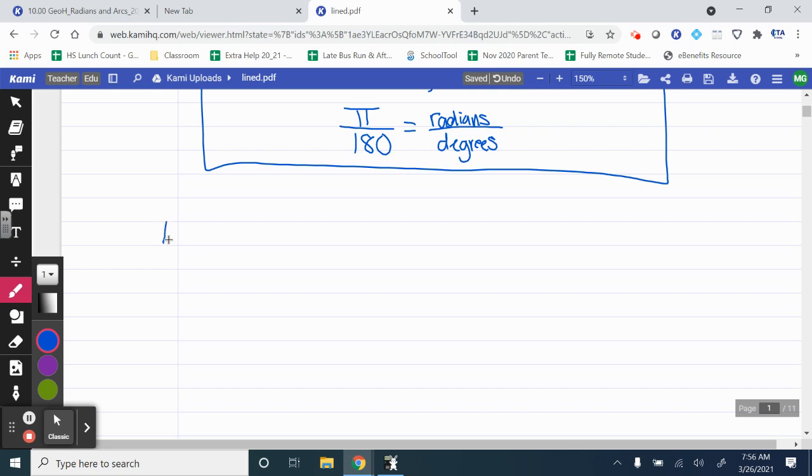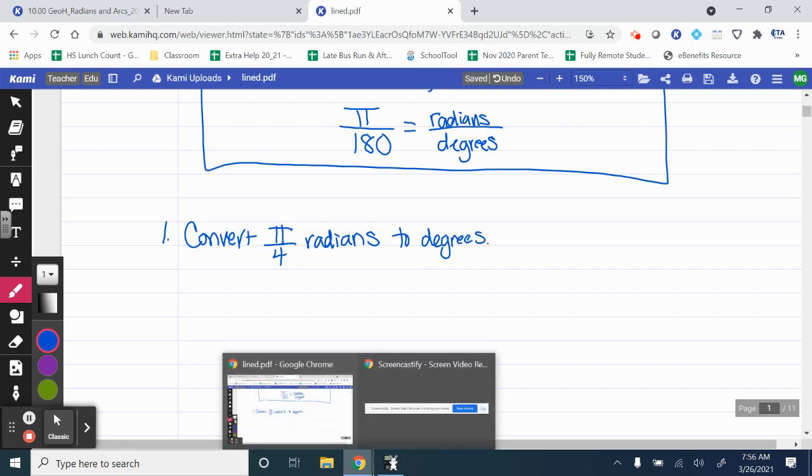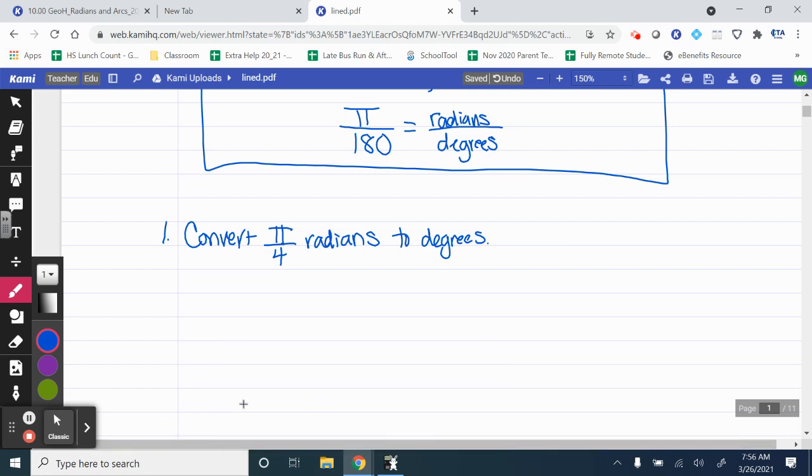Number one, first we're going to convert pi over 4 from radians. There's no symbol to represent radians, it's just pi over 4. Degrees, we know we have that little open circle. For this one, we have a quick trick, so we're actually not going to use the proportion.